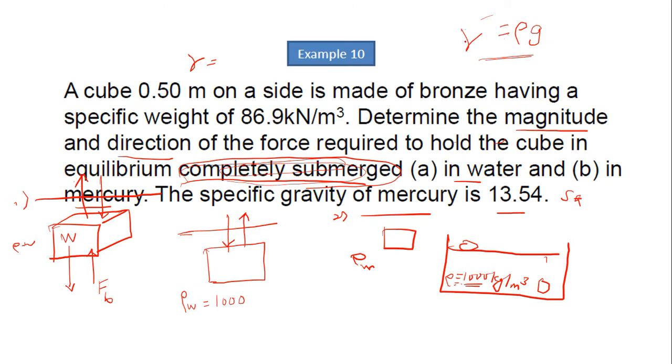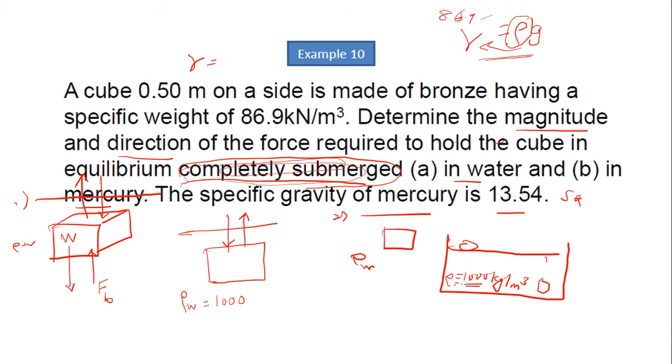Betul sir. So they give you the specific weight, which is 86.9 kilonewton. You can find the rho of this object by just dividing by your g. 86.9 kilonewton divided by 9.81.